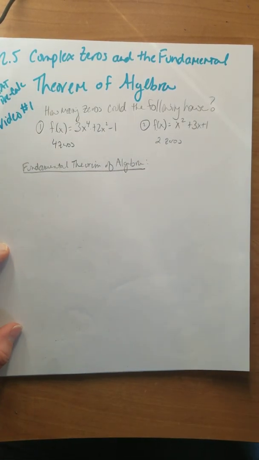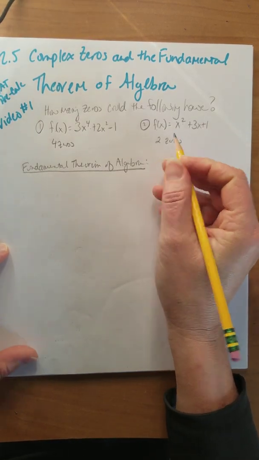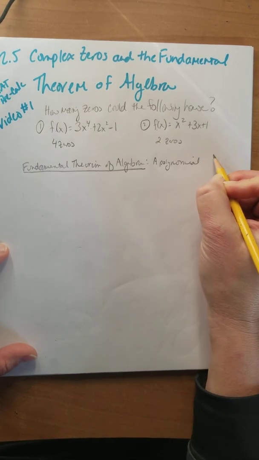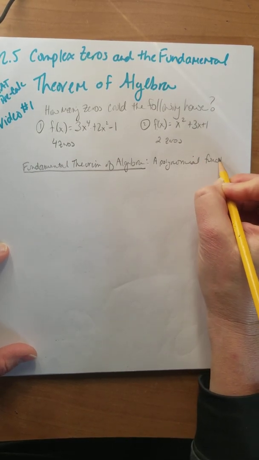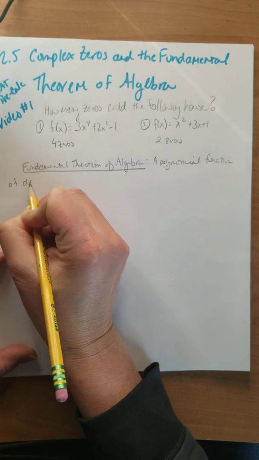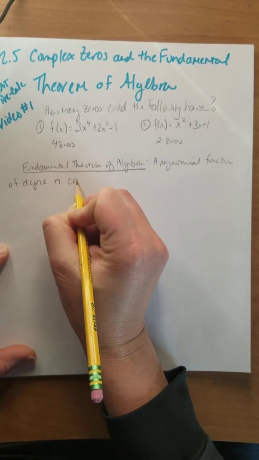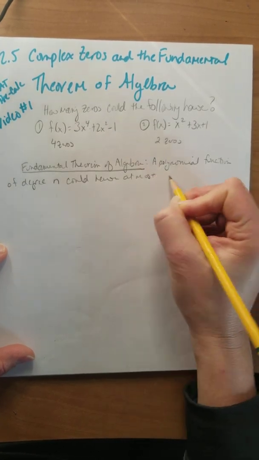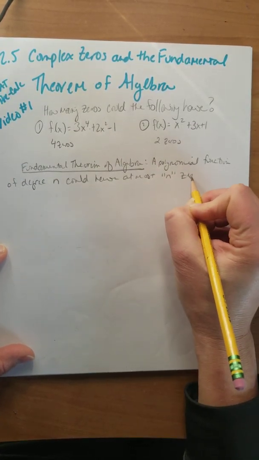And this just says that a polynomial function of degree n has at most n zeros. Those are real, unreal, and some of them might be repeated. So a polynomial function of degree n could have at most n zeros.